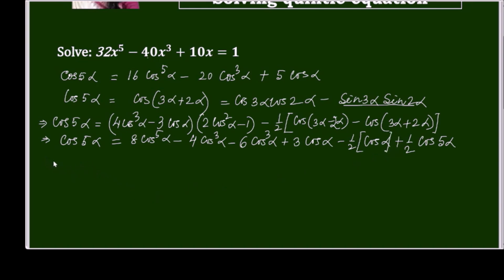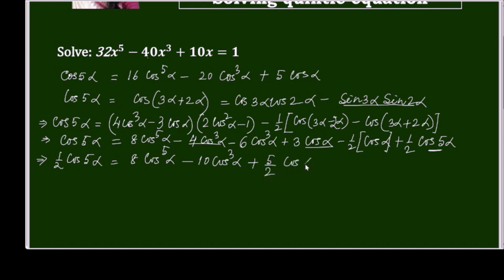Now taking it to the left side, I'll get half cos 5 alpha equals 8 cos^5 alpha minus 4 minus 6, which becomes minus 10 cos^3 alpha, and 3 cos alpha minus half cos alpha gives 5 by 2 cos alpha.